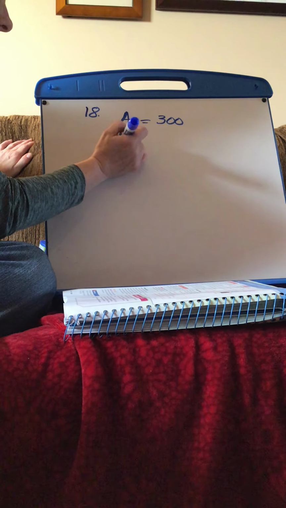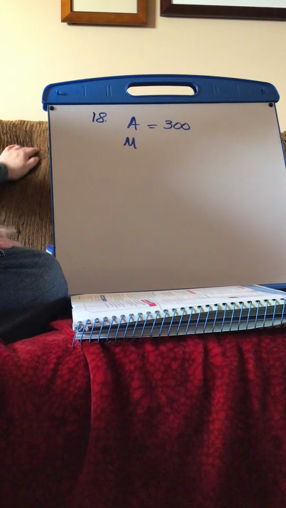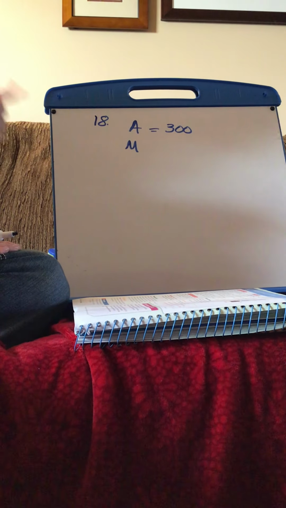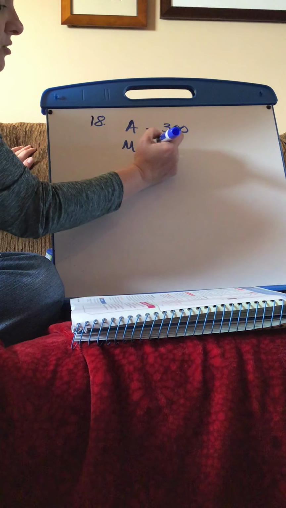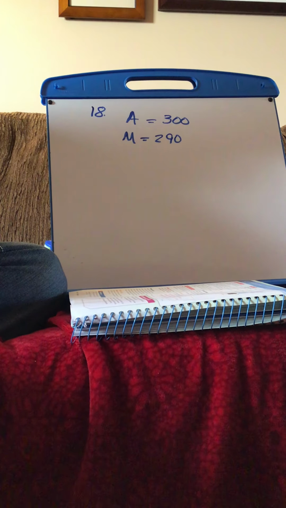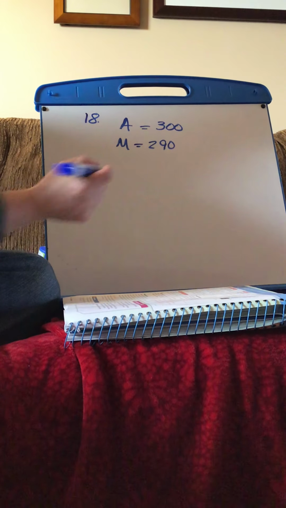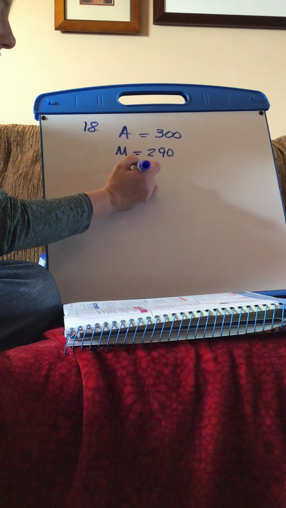Michelle, so put M for Michelle, reads 10 fewer pages than Amanda. So if I have 300 and I go 10 less, it's going to equal 290. Okay? Then Evelyn reads 1 fewer page than Michelle. So I'm going to put Evelyn here, E for Evelyn.